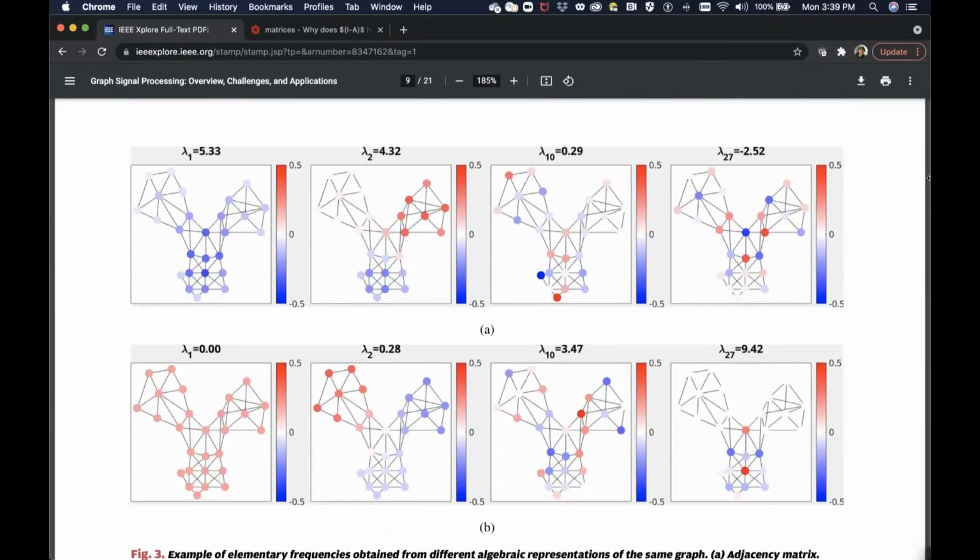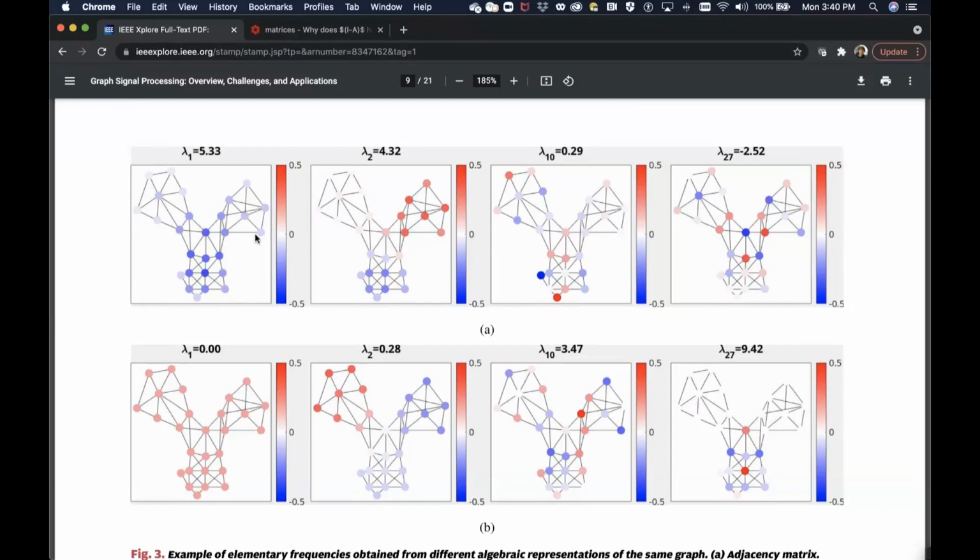This is the singular value decomposition of the adjacency matrix here at the top, ordered from lowest to highest frequency, starting with the largest eigenvalue. The largest eigenvalue of the adjacency matrix gives you the lowest frequency, and it comes out as a smooth graph. The idea is that these colors are smooth and not varying very much. That's the notion of low frequency.